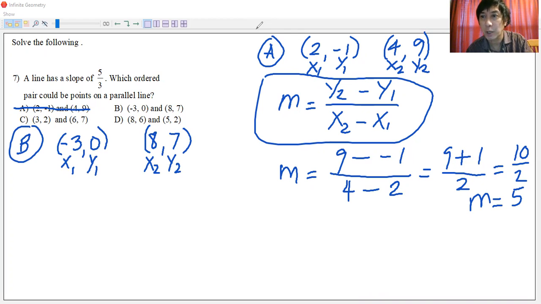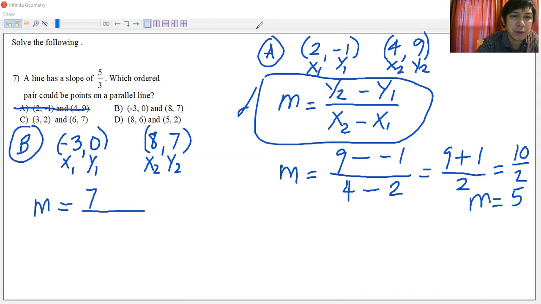x2, y2, that's the second point, indicated by the numbers. That means point 1 and point 2. Now, using the same formula, we shall have m equals y2, which is 7, minus y1, 0, over x2, which is 8, minus x1, negative 3.